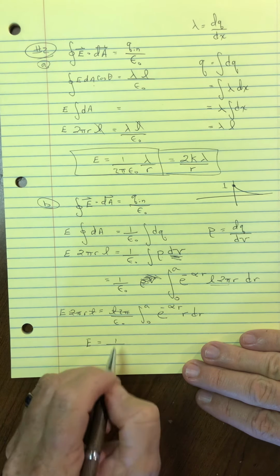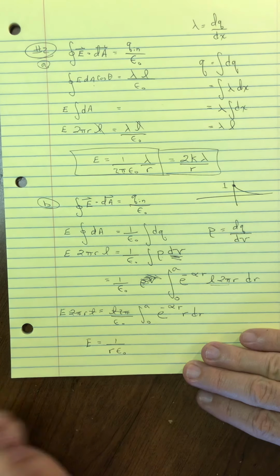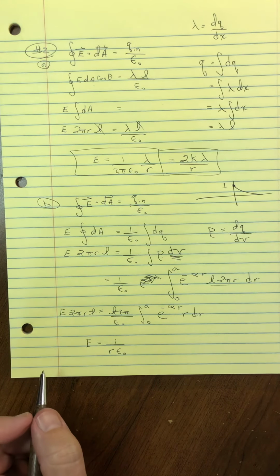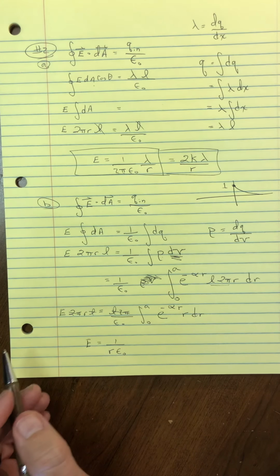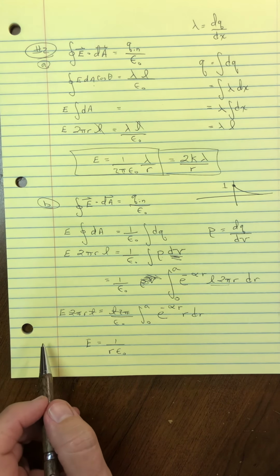So bringing the r over here, that's going to be the part that is the functional form. And then whatever this integral comes out to be is going to be my answer.